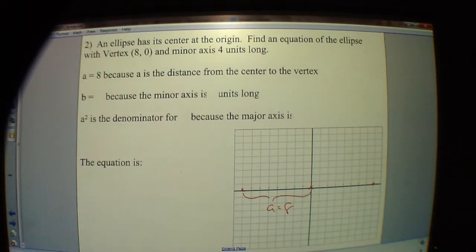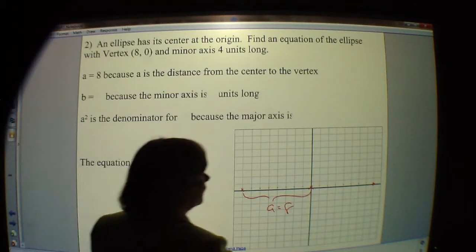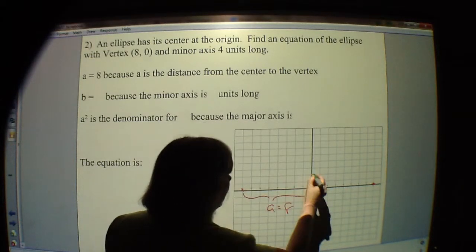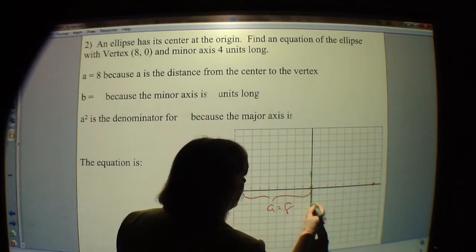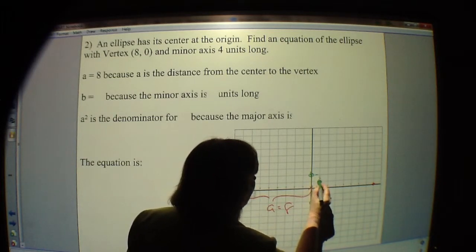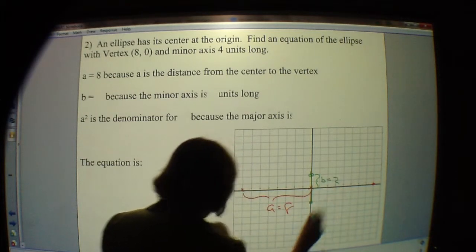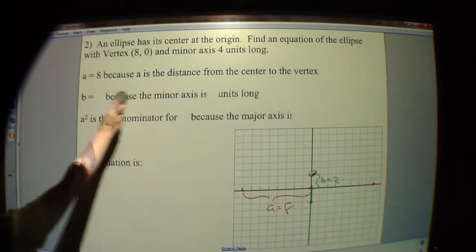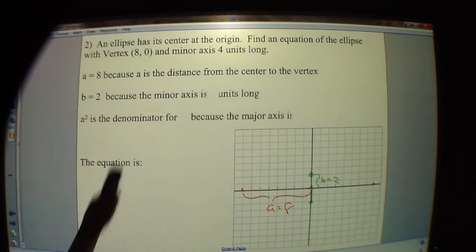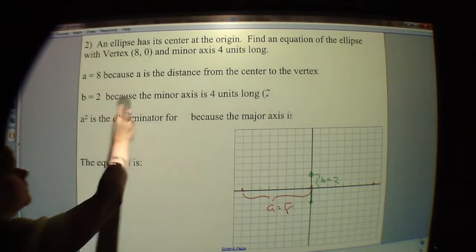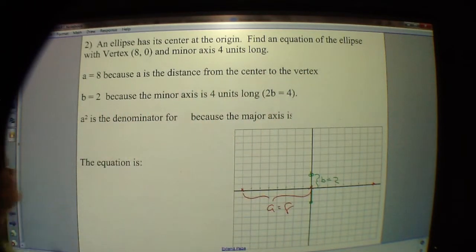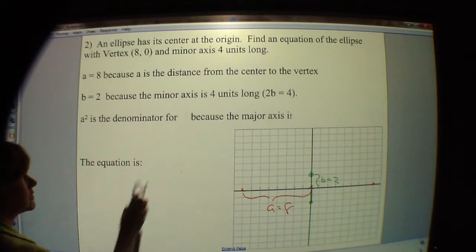It said my minor axis is 4 units long. So if it's 4 units long, I know that it has to be right there. B is 2. A squared is the denominator for my x squared, because the major axis is horizontal.